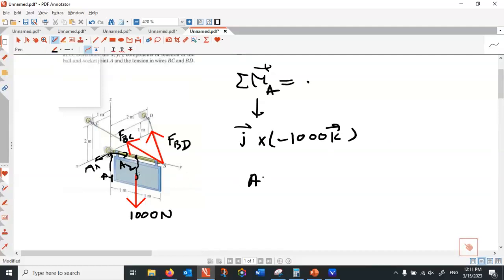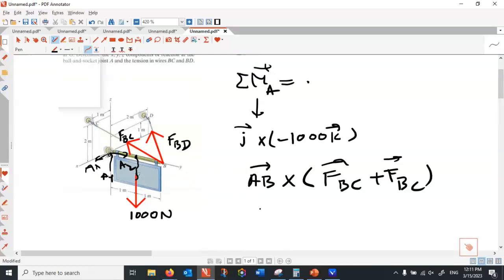So that is AB multiplied by FBC plus FBD. They both share the same position vector. And AB is what? This is 2J. Yeah, FBD. Thank you.